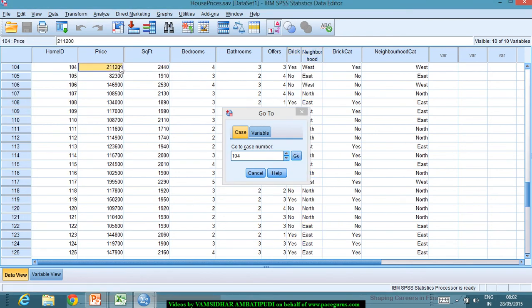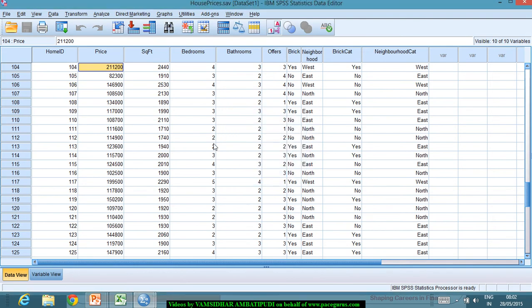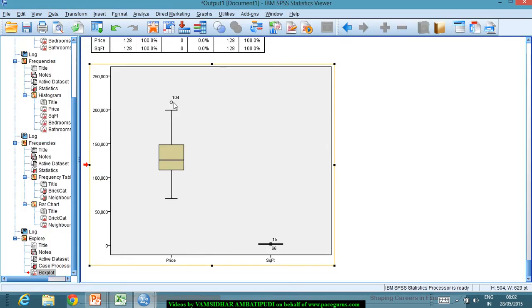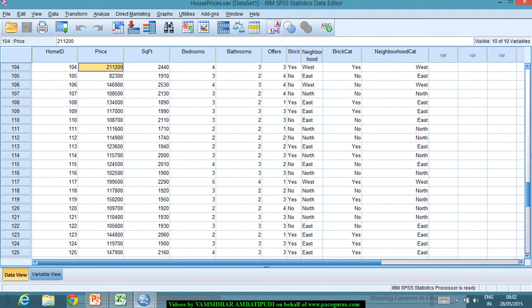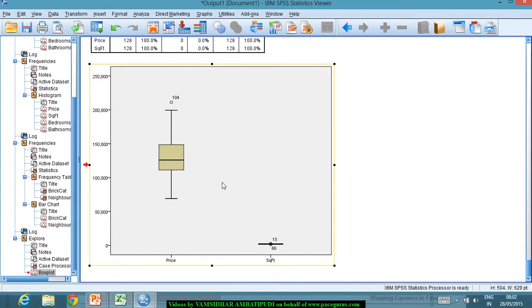This is telling me that the price of this is 211,200, which is an outlier compared to the upper bound that is permitted, which is 203,000. So this is what can be given through a box plot.